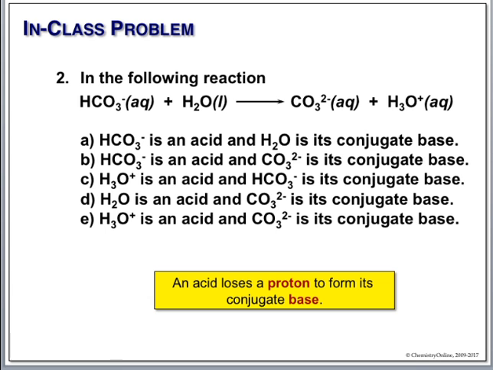Not this, not this, not that. The only one that has the same compound is B. We lose a proton, add a negative charge to form carbonate. It's the only one. It has to be the same compound.